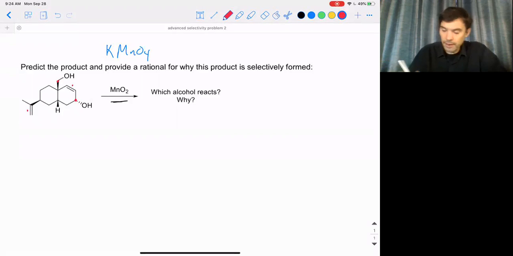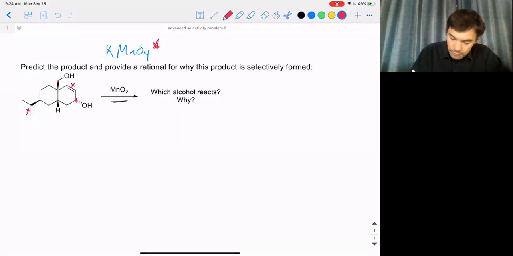If you're unfamiliar with that, look up how potassium permanganate reacts. Thankfully, MnO2 does not typically react with alkenes, and so we can X these two sites off as sites where MnO2 may react.